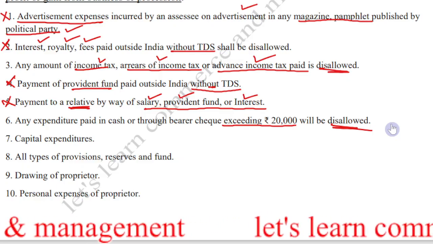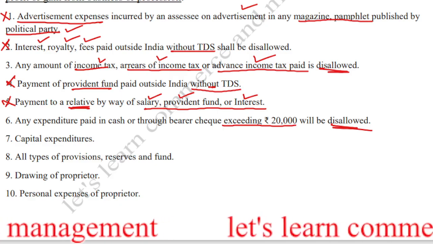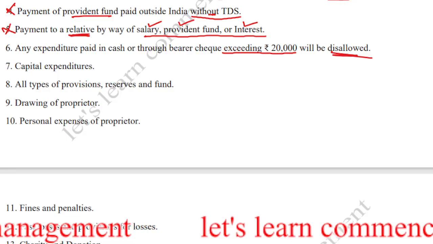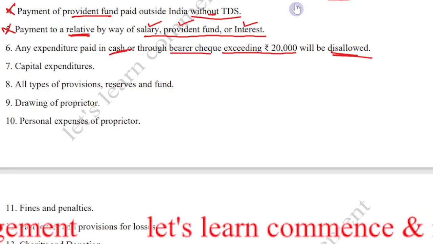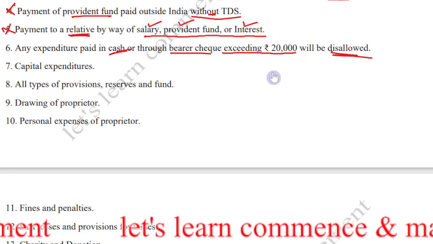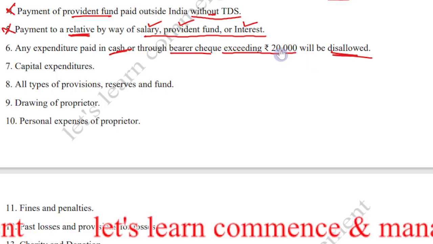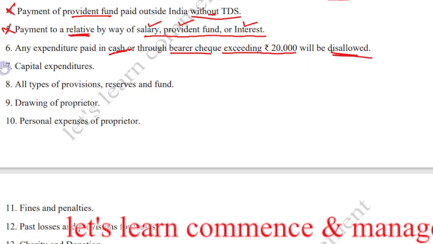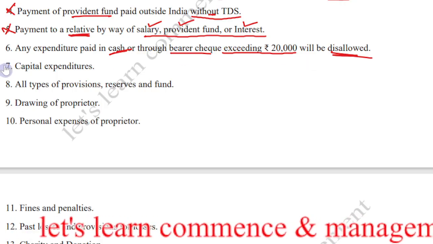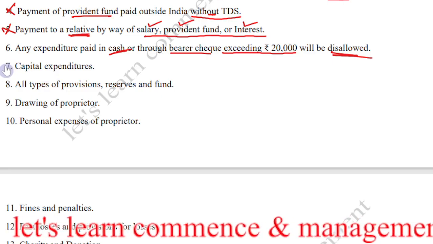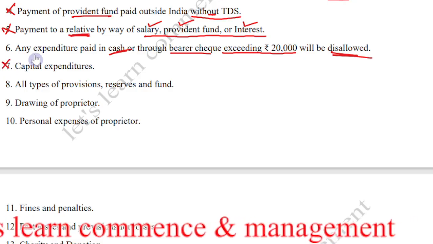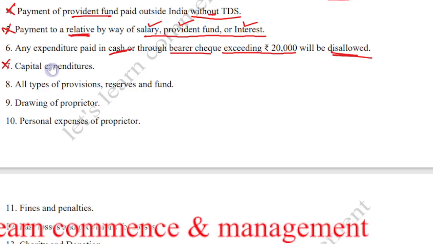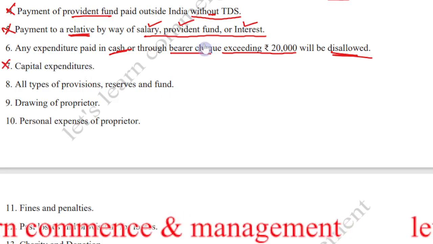So any expenditure can be paid through cash or through bearer cheque, but if it is exceeding 20,000, then it is not allowed. Then capital expenditure. Any capital expenditure is not allowed as deduction.